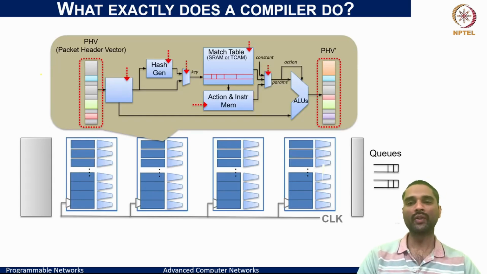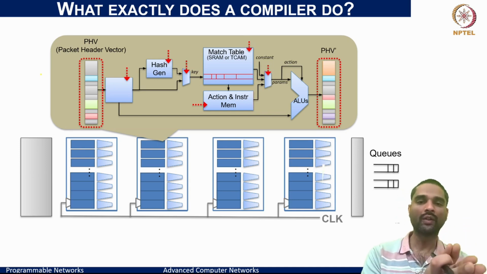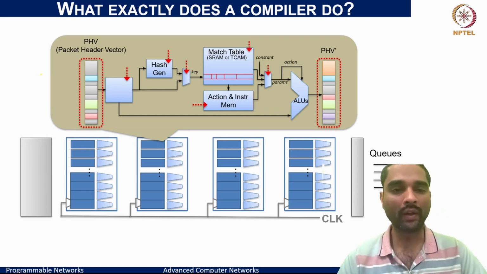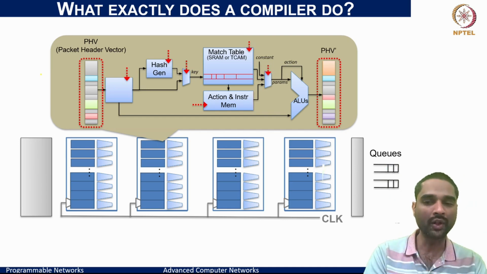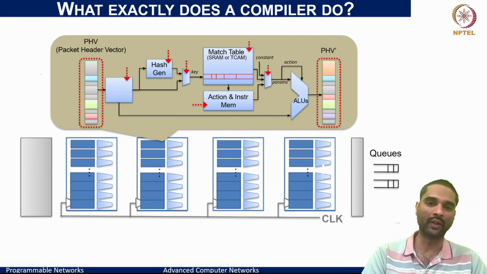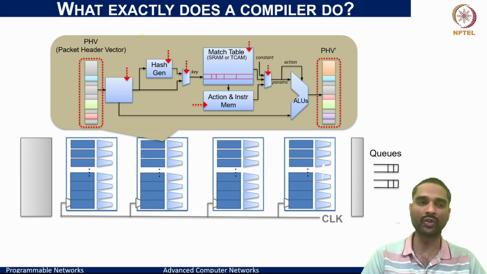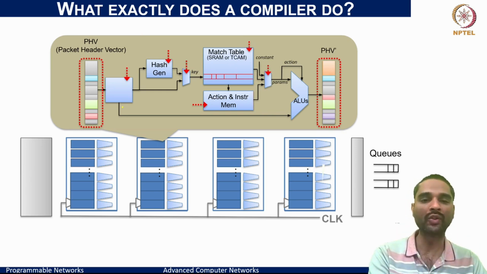And what exactly does a P4 compiler do? It ensures that you extract out the packet header vector and generate the aspects of how to build this packet header vector. So it has to give you the constructs to build these packet header vectors, and the constructs to define the hash generator, what kind of hash generation you would want, and what kind of header fields we would want to match on.